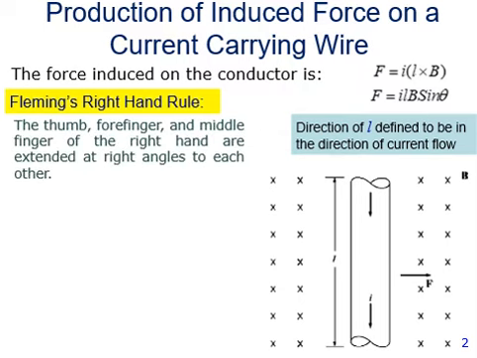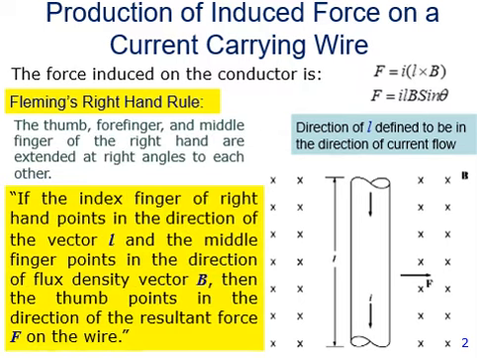So Fleming's right hand rule, as discussed in the previous lecture, is quite helpful in finding the direction of F, L and B.